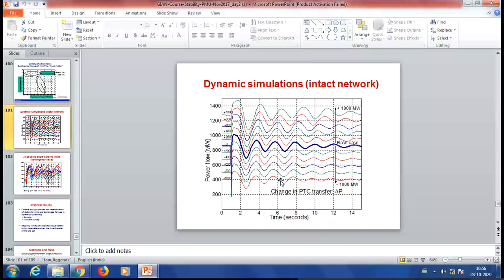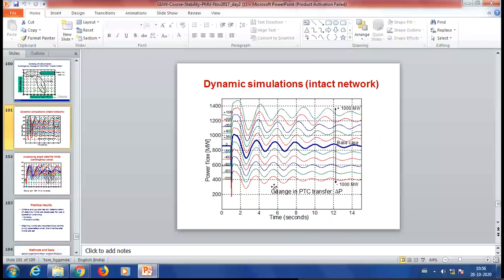And that's why we keep the power flow much lower, for which we don't observe any oscillation. That means you are not utilizing the line fully, because the maximum power flow corresponds to the thermal capability, but you are loading the line much lower than the thermal capability, and in fact much lower than the stability limit.